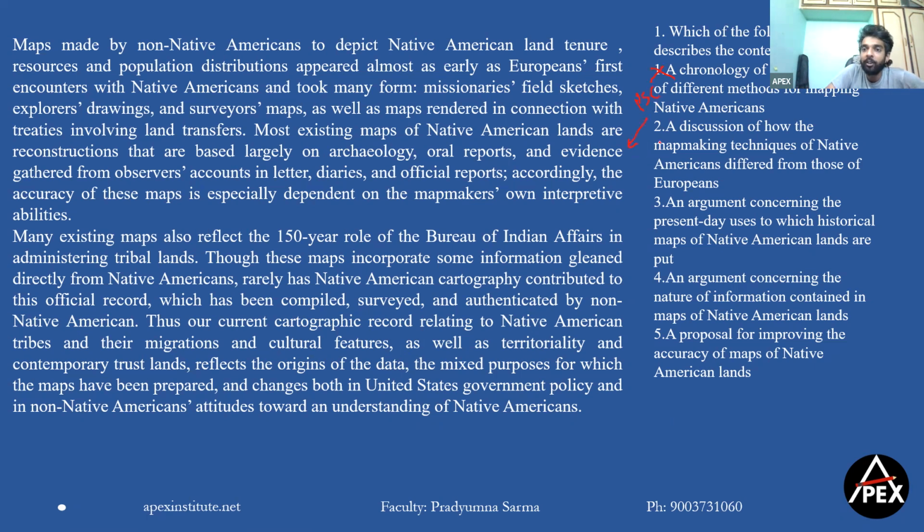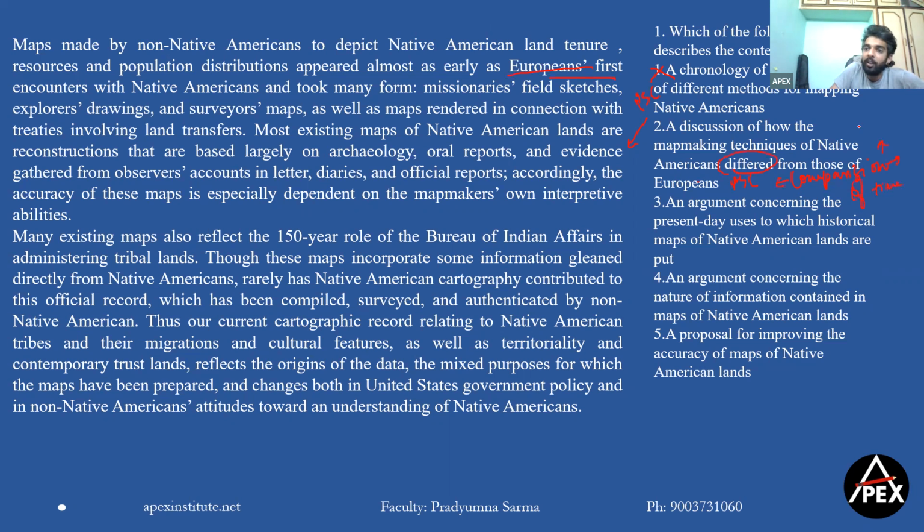Okay. Now, B, a discussion of how the map making techniques of Native Americans differed from those of Europeans. Again, this also is a partial scope choice. And we remember that the idea that we derived from here is that it was a comparison. Correct? So we are not discussing how exactly they differed. We just saw that they compared between the time, comparison of time to be specific.